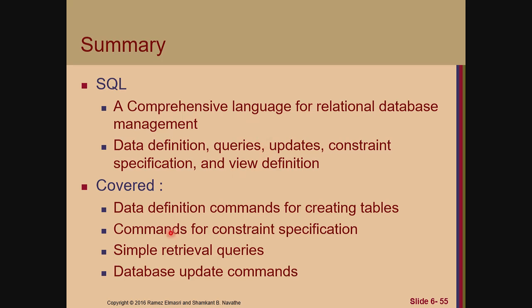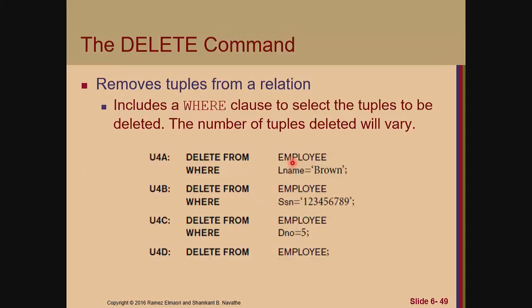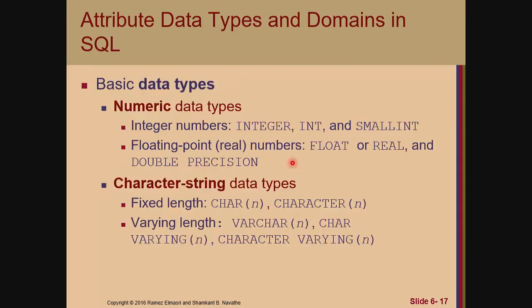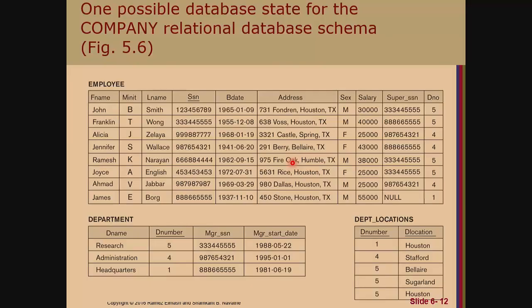We covered the data definition commands, creating tables with a lot of details like data types, integrity constraints, commands for constraint specification, simple retrieval queries, and database update commands. There are a lot of things we have learned today, and it's very complicated.